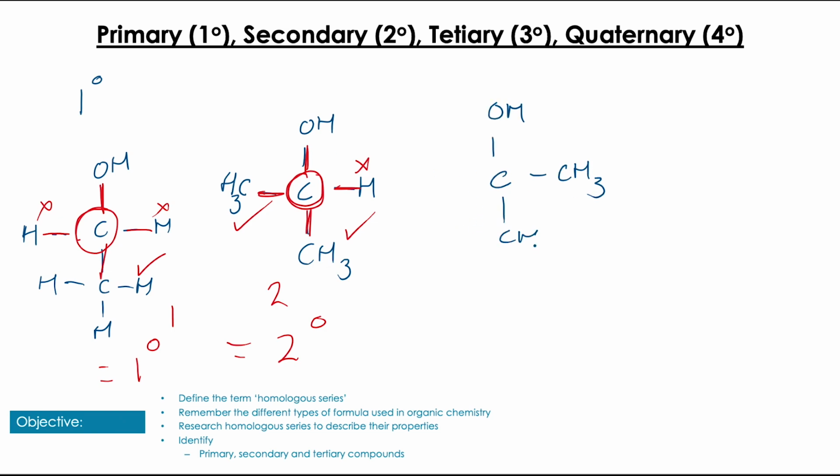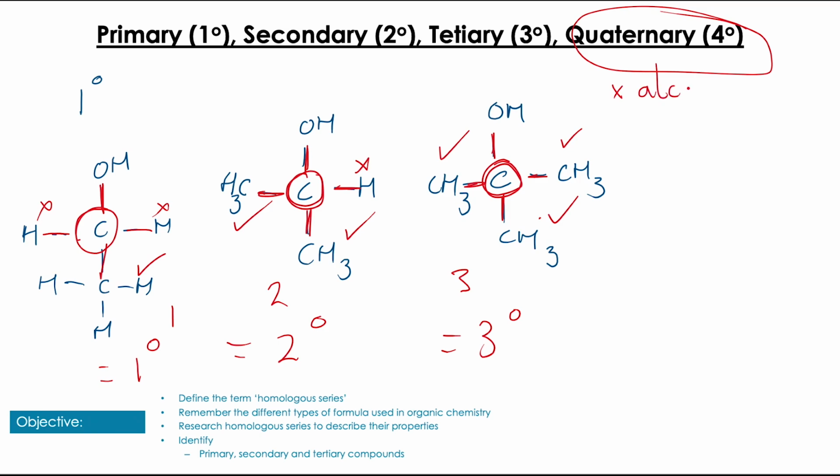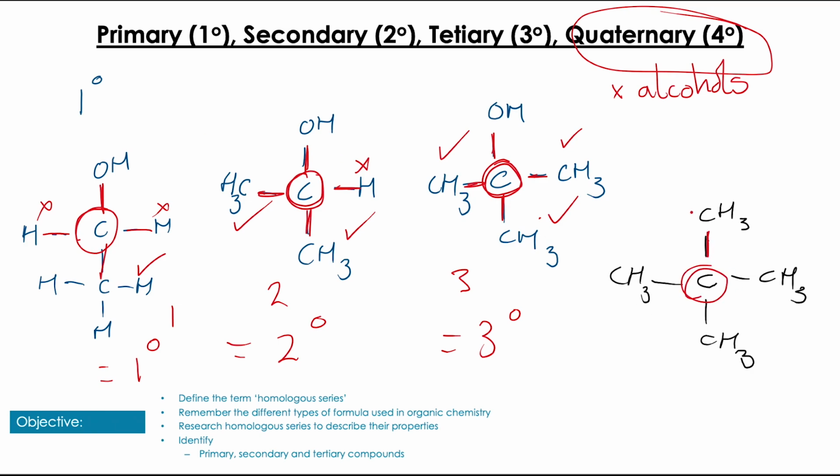Tertiary, we can see and might guess that we're going to have 3 carbons bonded to the carbon that is attached to that functional group. Now, quaternary for alcohols can't exist, and the reason for that is quaternary is obviously 4, but we can't have 4 carbons attached to a carbon that is also simultaneously attached to some other functional group.